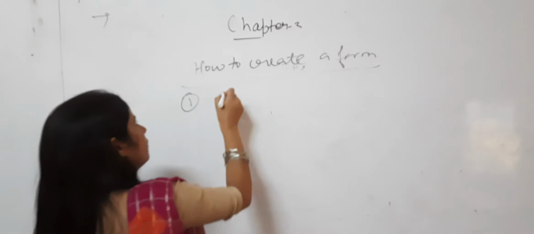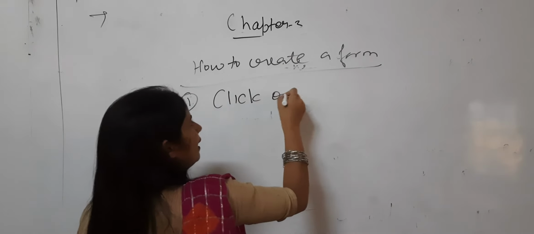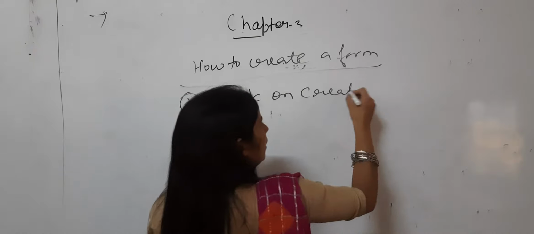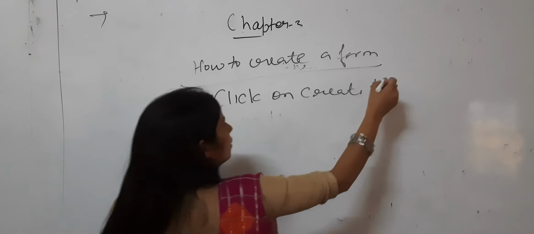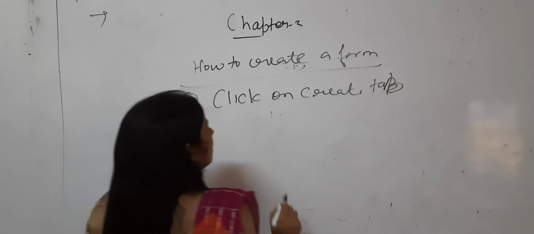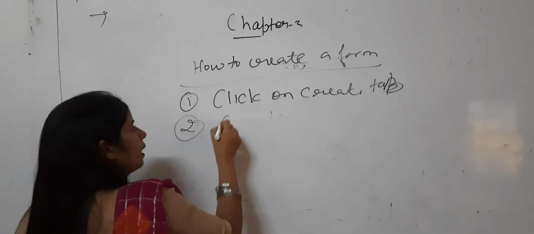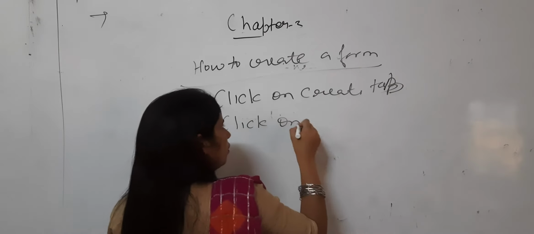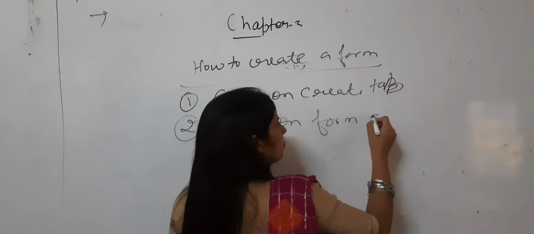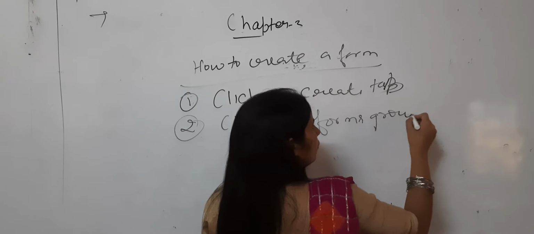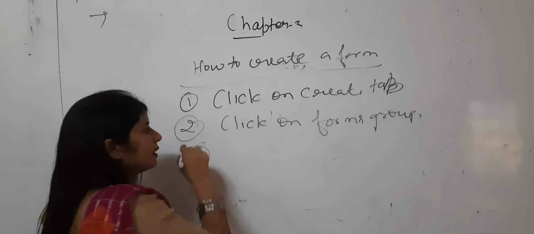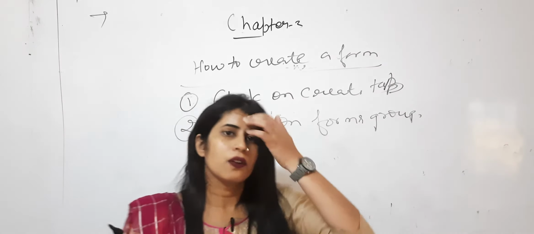At first we have to click on the Create tab. Which tab? Create tab. When I click on this Create tab, then I should click on the Forms group. Which group? Forms group. Then it will show you a tabular form.